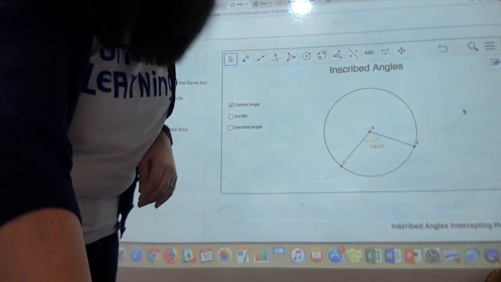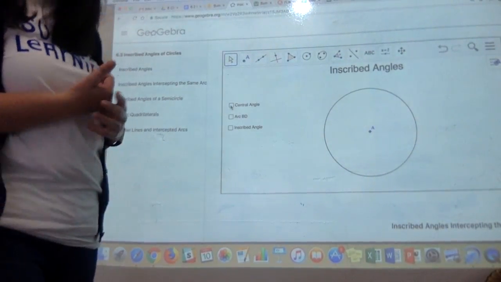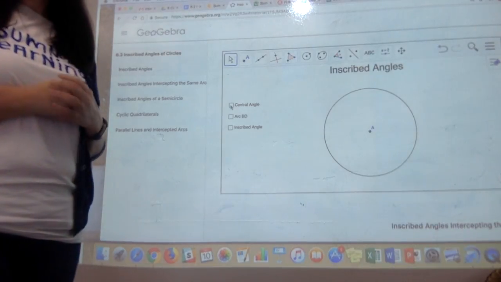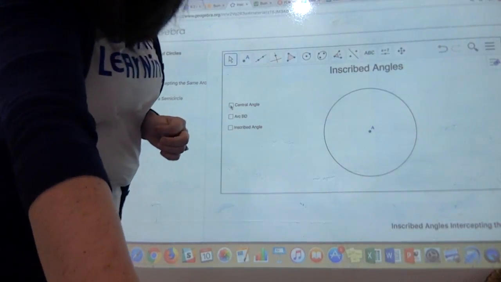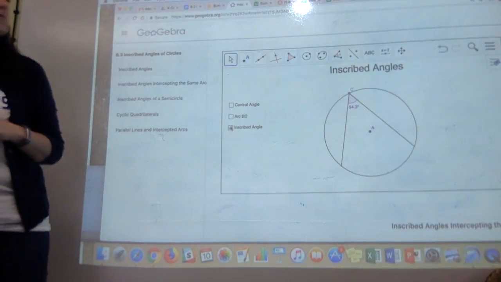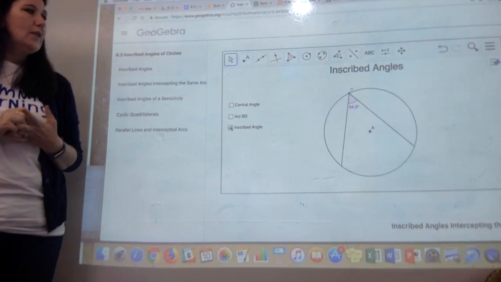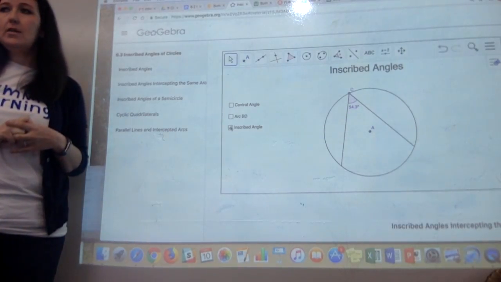All right, so now an inscribed angle. What do you think an inscribed angle is going to be? Where's the vertex?